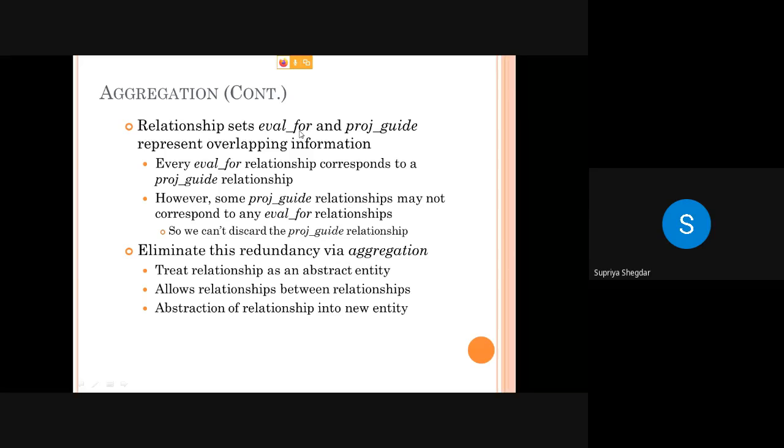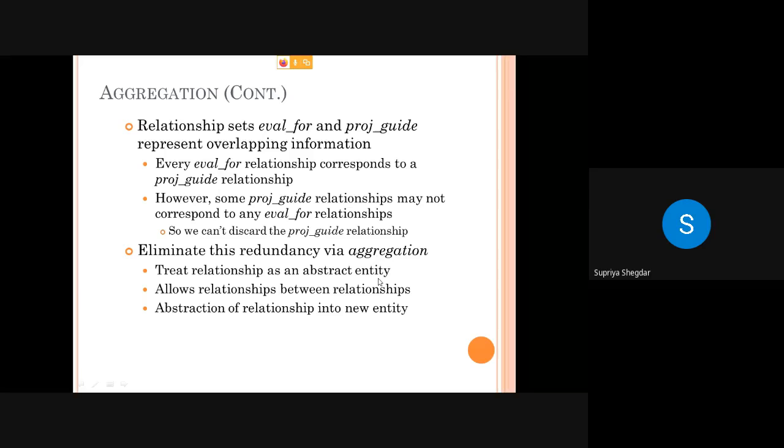Here the evaluation and the project guide are using the same information, meaning the redundancy is there between these two relationships. So we can remove this redundancy with the help of aggregation. While applying aggregation, it treats the relationship as an abstract entity.